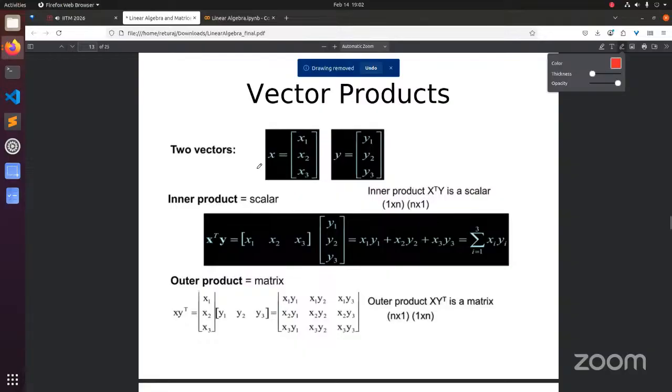So you have two vectors, x and y, and the vector product simply means x transpose y. So you cannot do x into y, right? Because x is of size, say, 3 cross 1 and y is also of size 3 cross 1, and n is not equal to k, so this multiplication is not possible. But if I do x transpose y, is this multiplication possible?